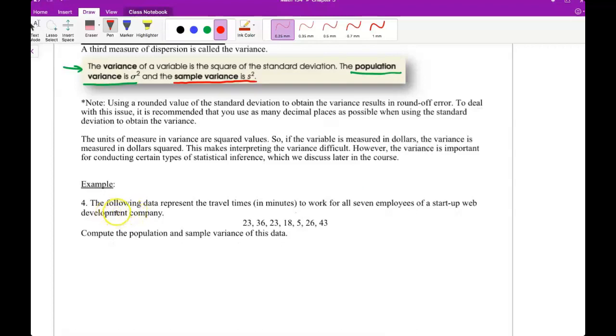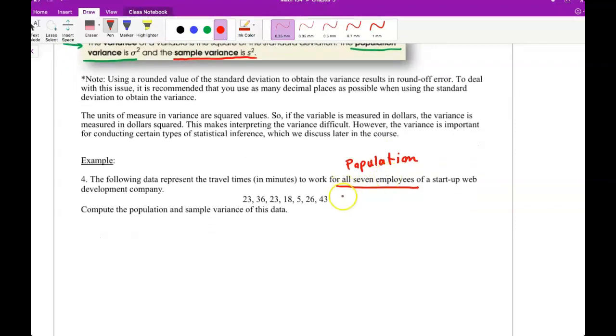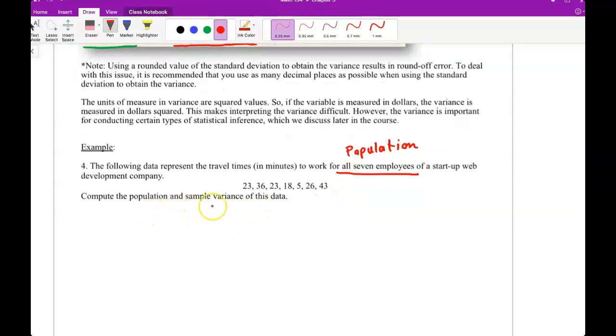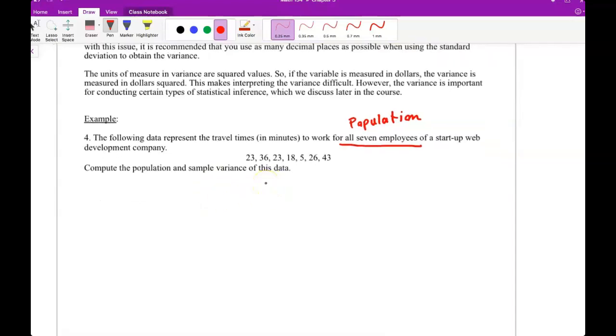Okay, so here example number 4, we have exactly the same data. Again, we have all 7 employees. We already know that this was a population because we have all 7. Compute the population and sample variance of these workers.